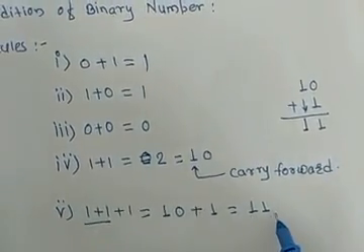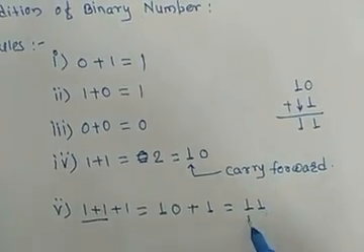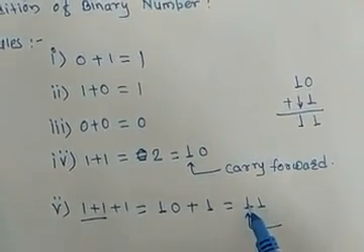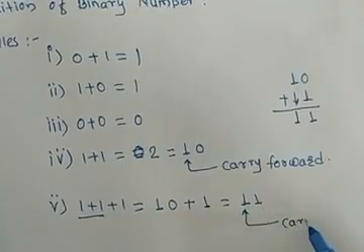So it will be 11, where when doing addition this 1 will again be a carry forward.